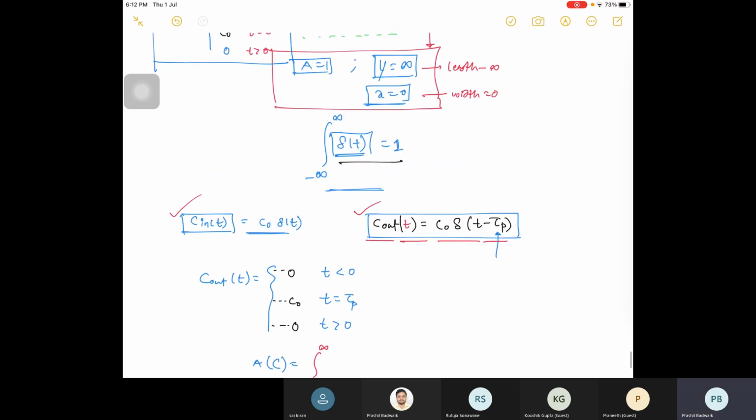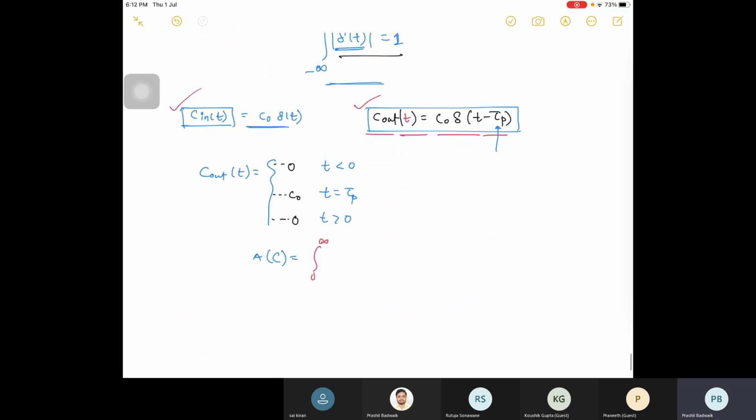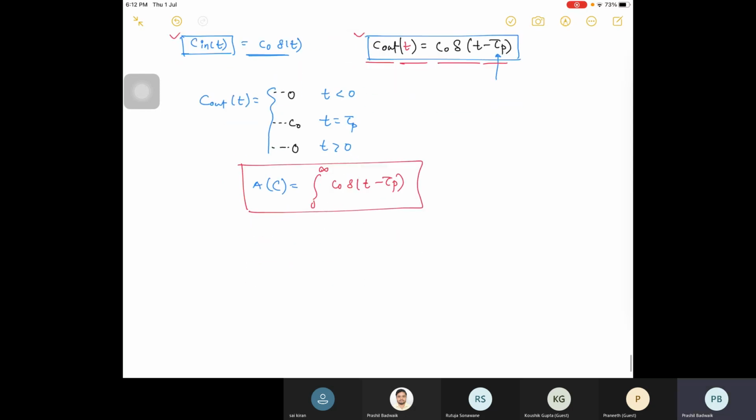Because our curve starts from 0, right? Even if I take these values, we will have a value at time t equal to 0 only, and it is coming at the exit. So that is C naught del of t minus tau p. Okay, area under the C curve.